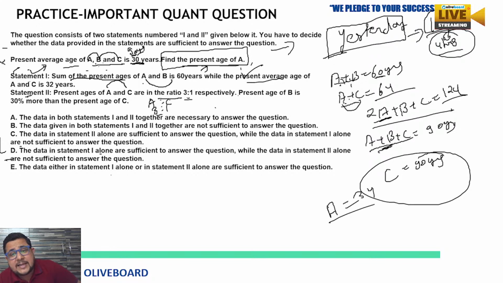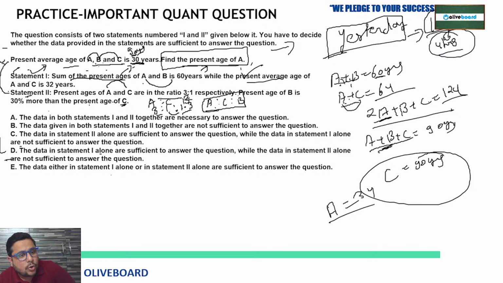Now, present age of B is 30% more than the present age of C. So the present age of C in the ratio is 1, and B's present age would be 30% more than that, so we can put 1.3 here. From here we are getting the ratio of A to C to B. If we have their age ratio and their age sum, then we can easily solve. So the second statement is also enough to answer this question.